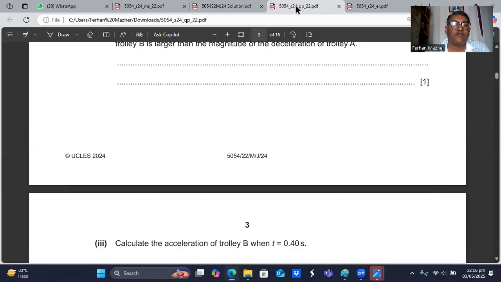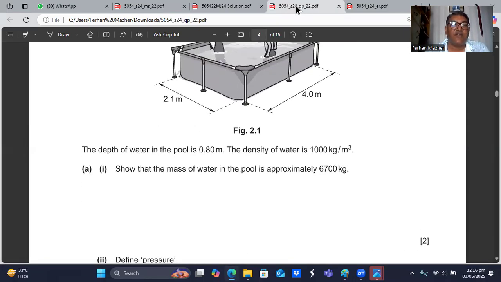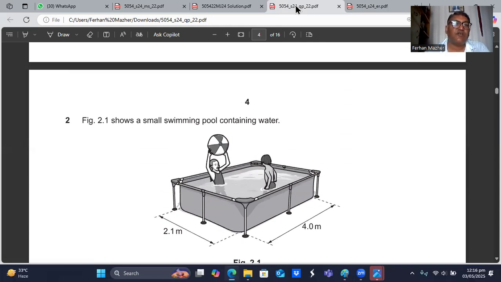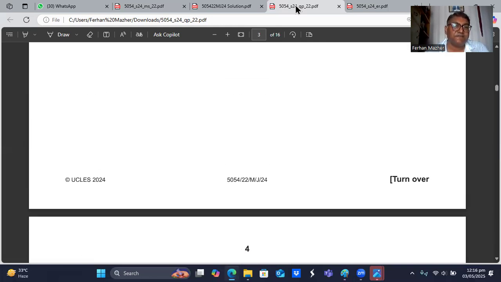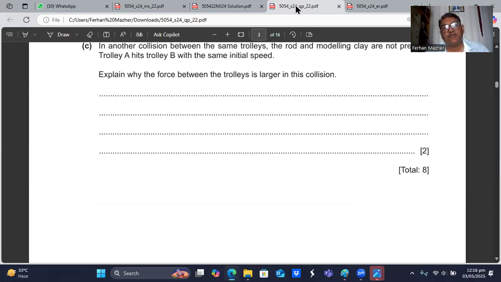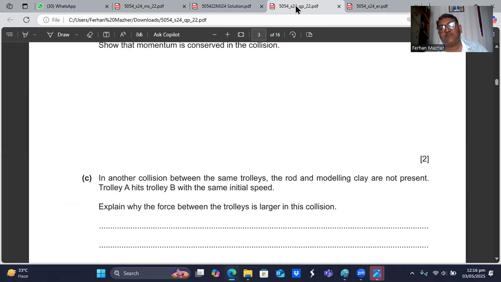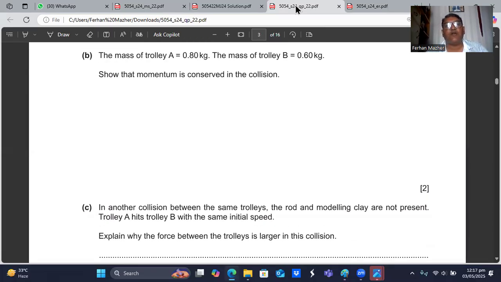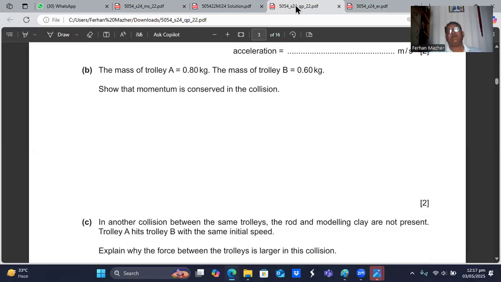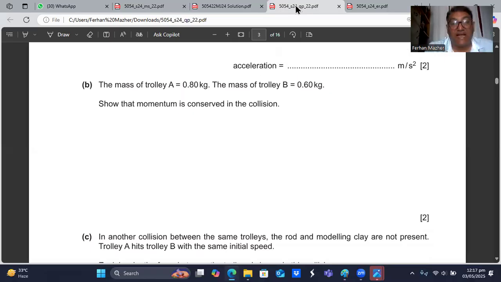That is question number 1, 3 part. We are done. Now we are going to attempt question number 1 and its B part, which is showing up on your screen. It says that the mass of trolley A is 0.80 kg.